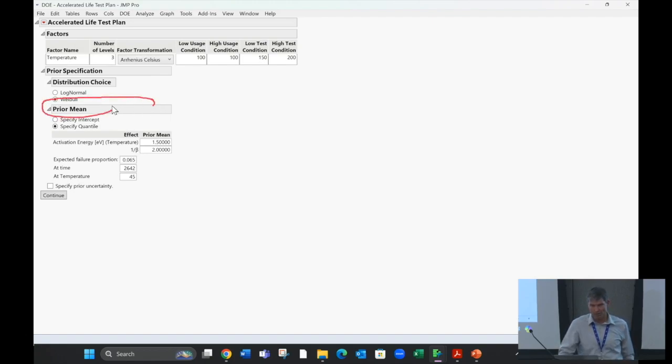So the question is, what is a prior? We have to have some previous information in here, perhaps, right? So we could specify the quantile. We say, well, at this time and this temperature, we would expect 6% to fail at time 2,642 at a temperature of 45. Those aren't good default values for us, right? So what did I say?